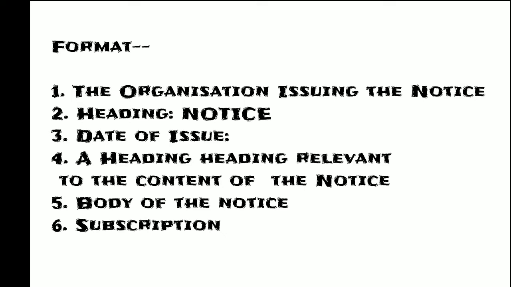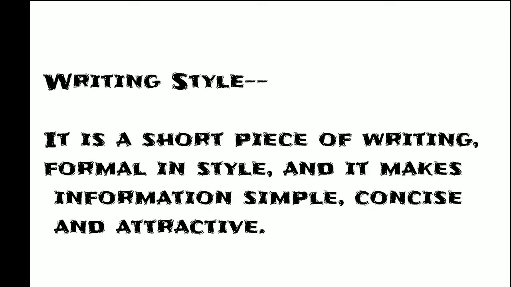A heading to introduce the subject of the notice should be next, and it should also be centrally aligned. The next part should be the body of the notice, and it should be followed by subscription, which means the signature name and the issuing authority of the notice.